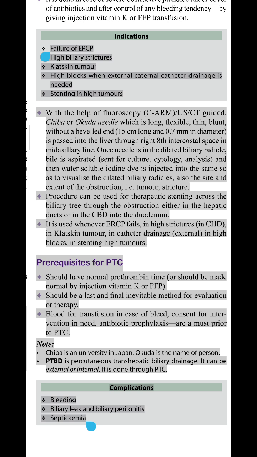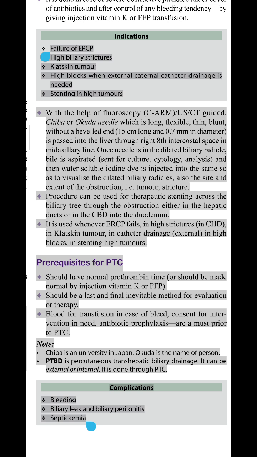Stenting in high tumors, with the help of fluoroscopy, C-arm, US, CT guided. Chiba or Okuda needle, which is long, flexible, thin, blunt, without a beveled end, 15 cm long and 0.7 mm in diameter, is passed into the liver through the right 8th intercostal space in the mid-axillary line.